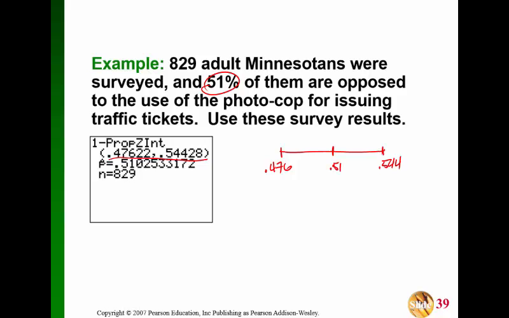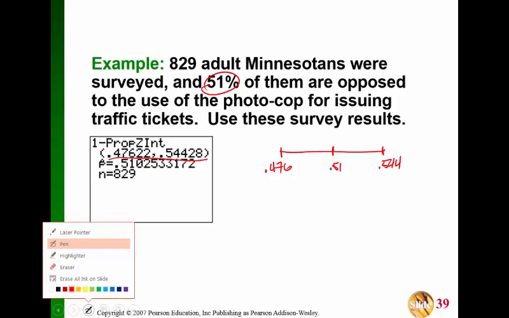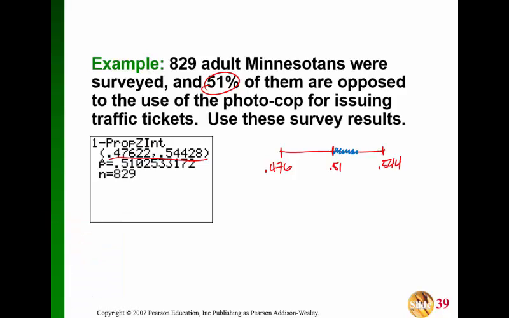But the margin of error would be the length of one of these sides. So a couple ways to find it. We can subtract these two things, but without even introducing this, we can find that margin of error by using the formula that they have, which is to find the difference between these two things, 0.544 minus 0.476.